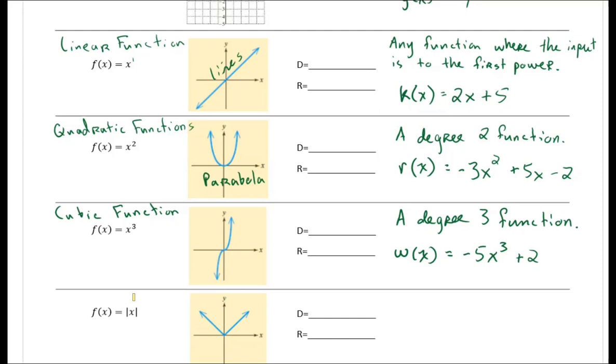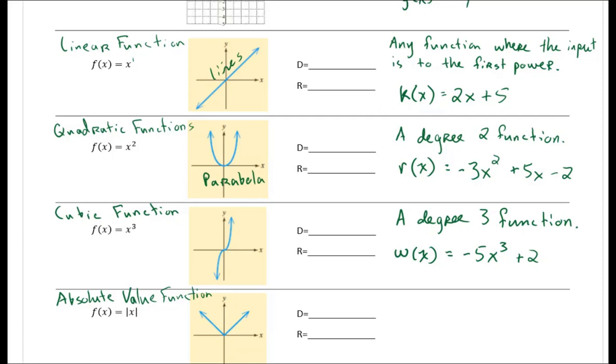So this function is called the absolute value function. And I should clarify, it's the function classification. They're absolute value functions. This is just the standard example of that.